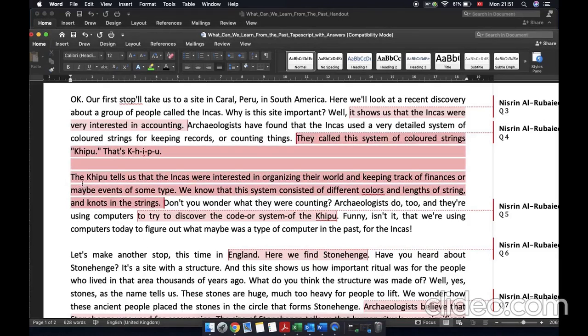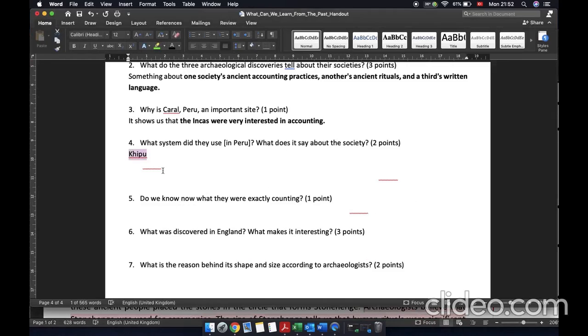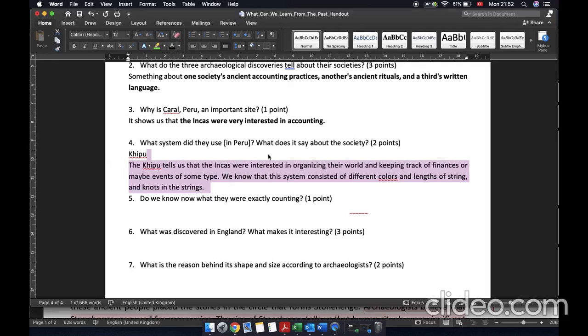And the quipu tells us that the Incas were interested in organizing their world and keeping track of finances or maybe events of some type. We know that the system consisted of different colors and lengths of string and knots in the strings. Okay, so let's highlight here some important parts.